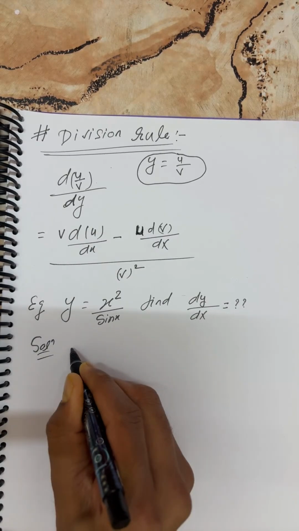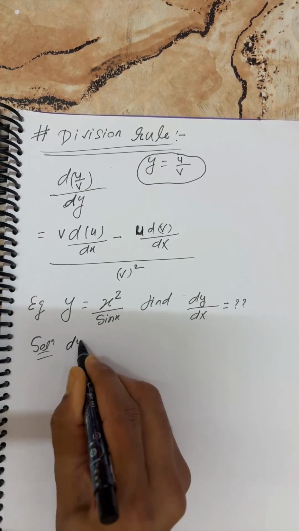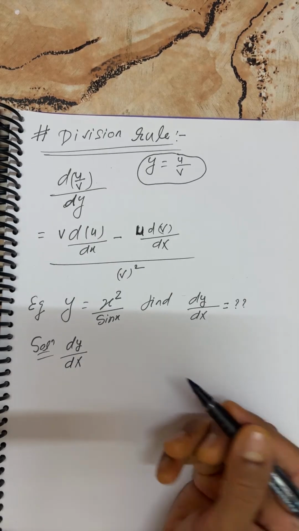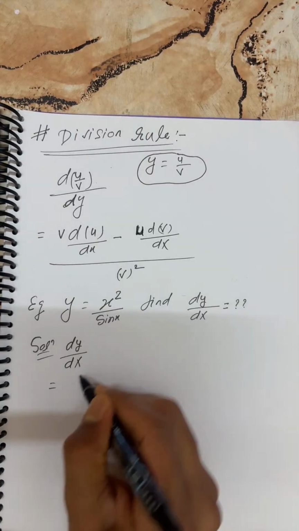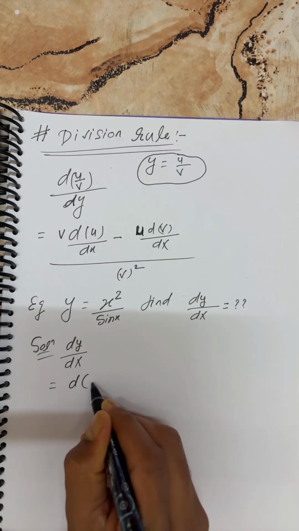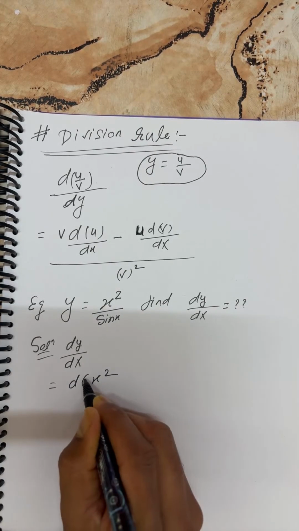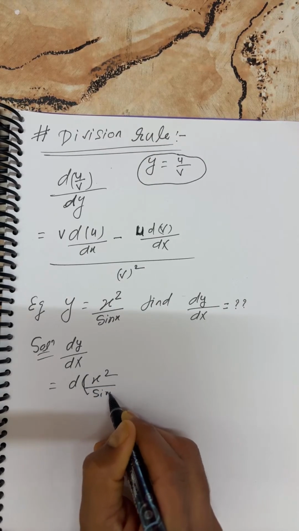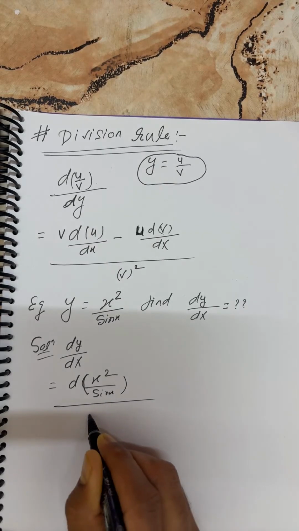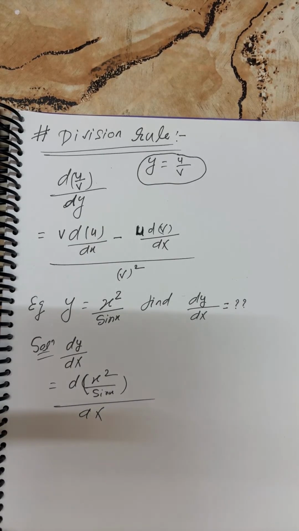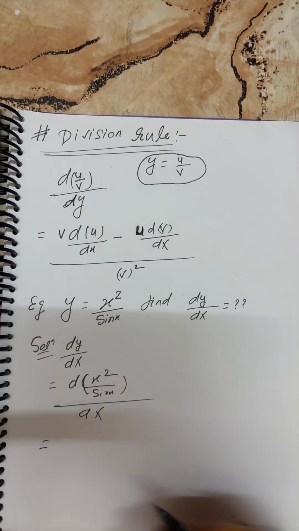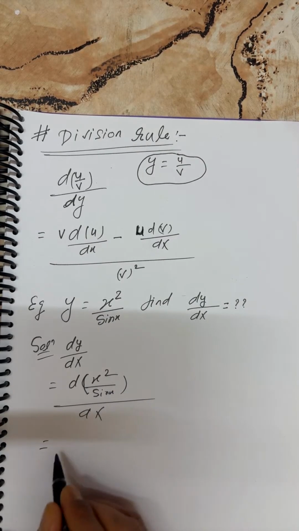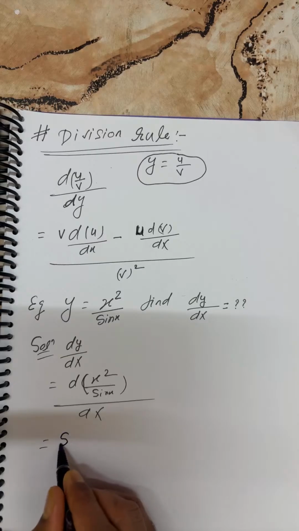In the solution, dy by dx, y is equal to x square upon sin x upon dx. So same as before, this is u, this is v. I'll keep sin x constant, because it's a rule.